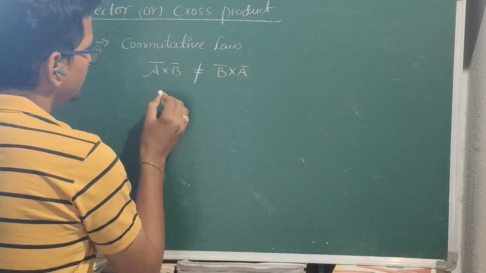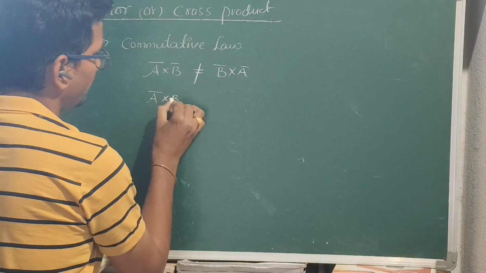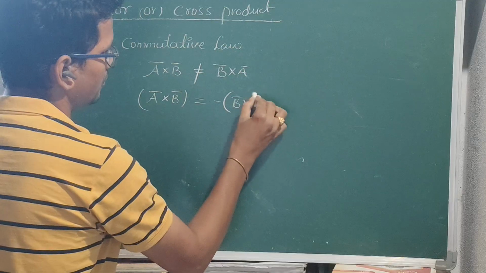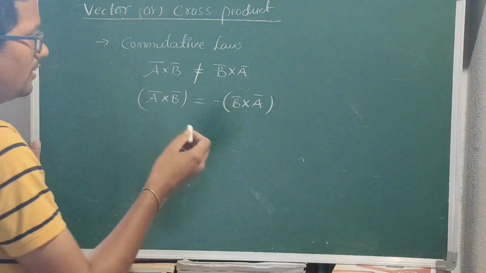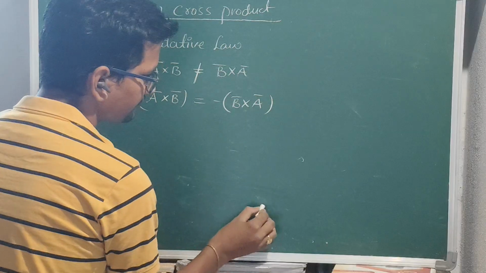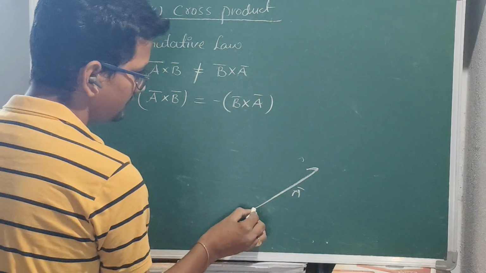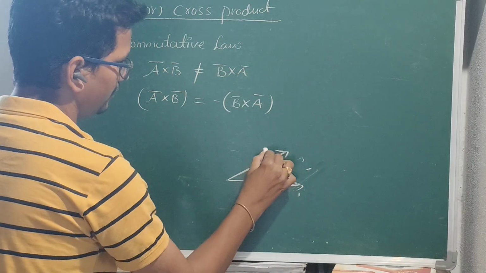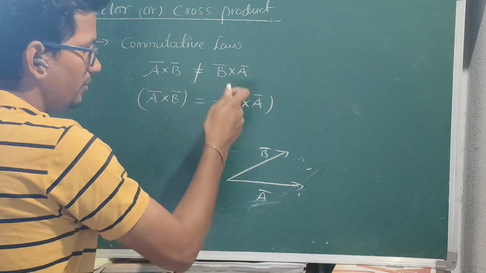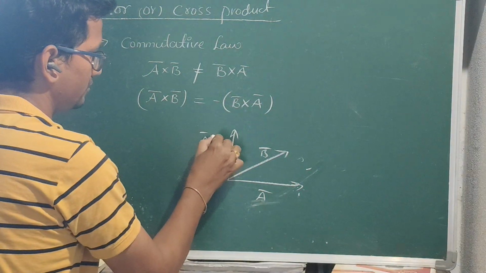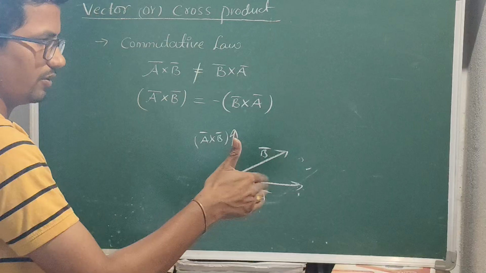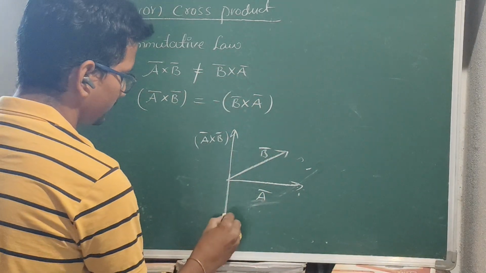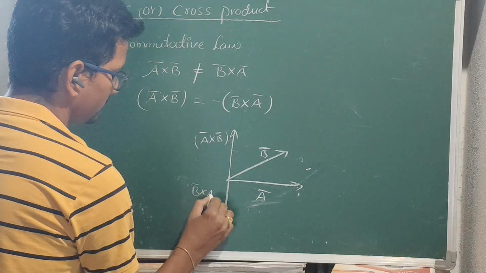A bar cross B bar is equal to minus of B bar cross A bar. Only the direction is reversed. For example, take vector A bar and vector B bar. A bar cross B bar is in the upward direction, and B bar cross A bar is in the downward direction.